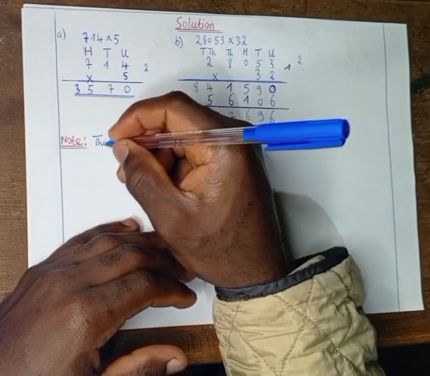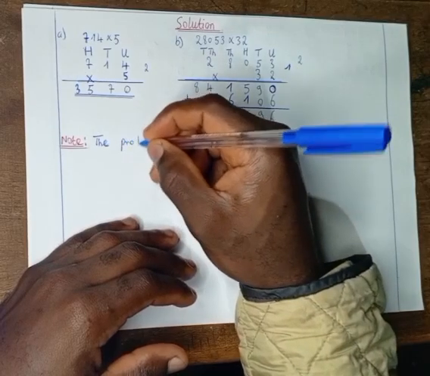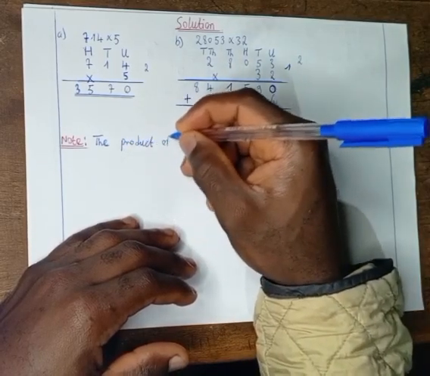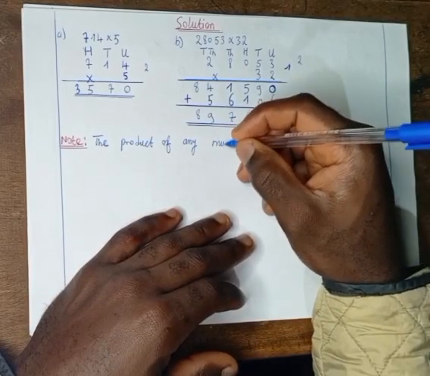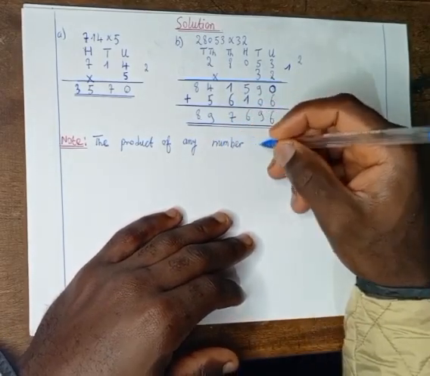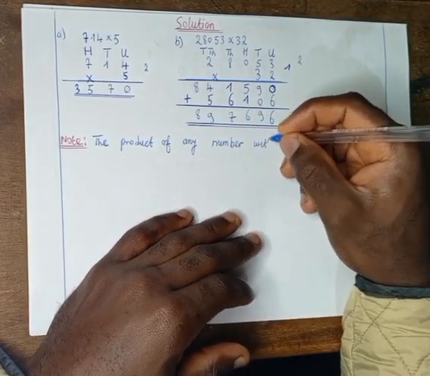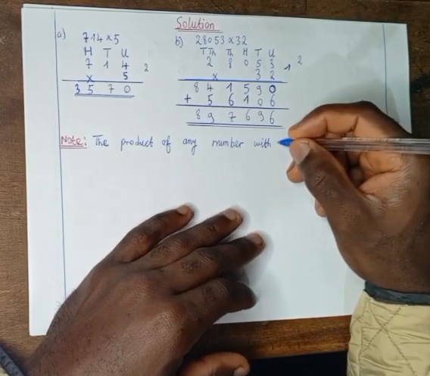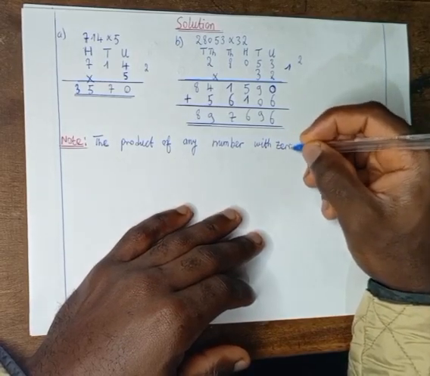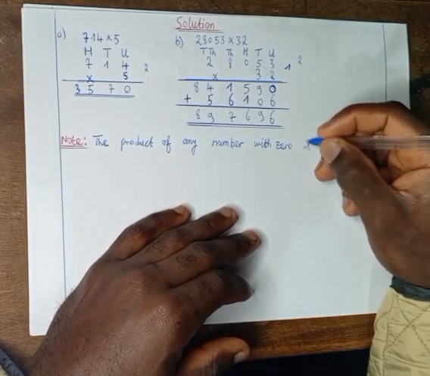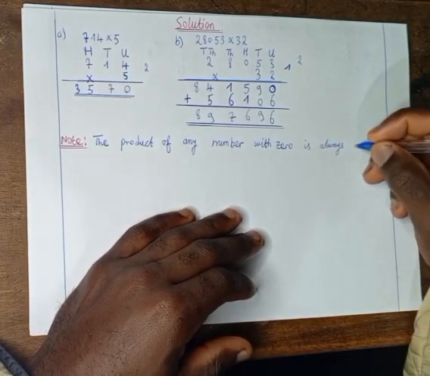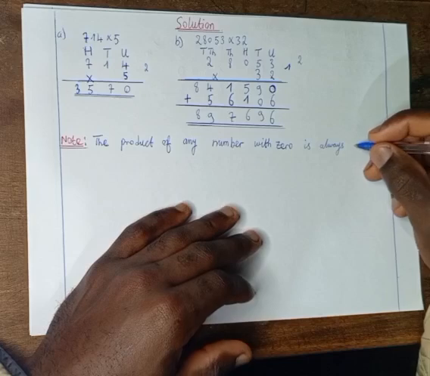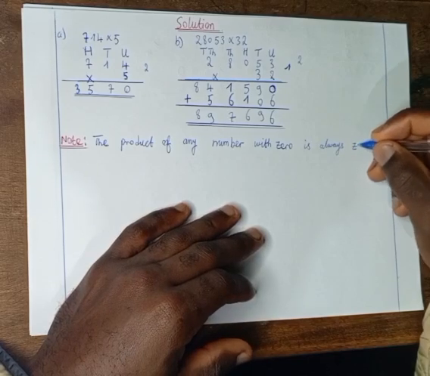The product of any number with 0. That means you multiply any number with 0 is always 0.